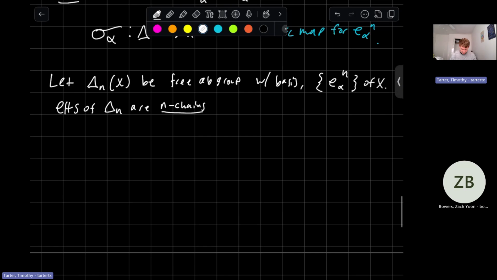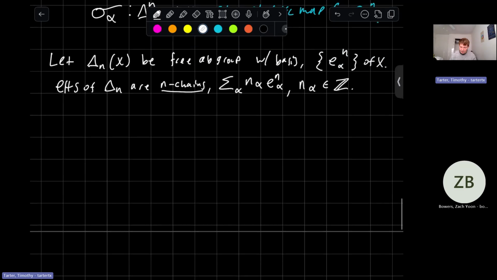They can be written as formal sums over alpha, n alpha, e to the n alpha, with coefficients n alpha in Z.